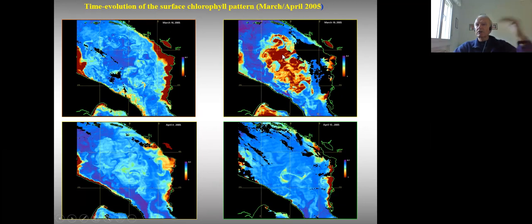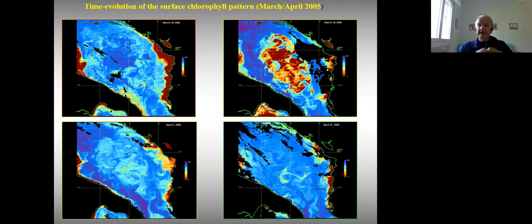There was a strong bloom of phytoplankton, which then exactly described this patch of the vertical mixing area. And after less than 10 days, the concentration of chlorophyll diminishes strongly, because phytoplankton has a lifetime on the order of 5 to 10 days.